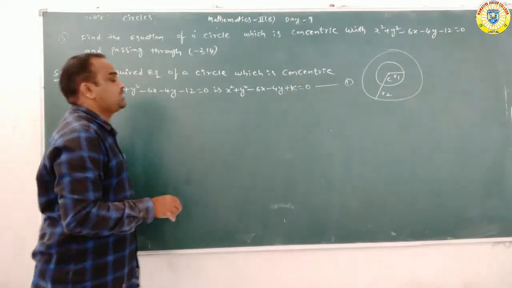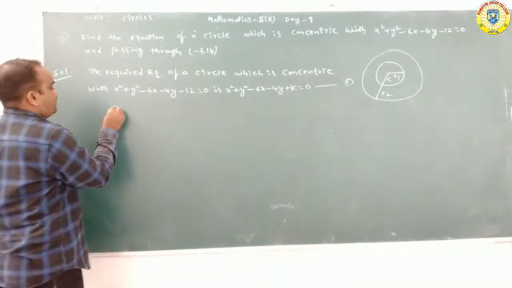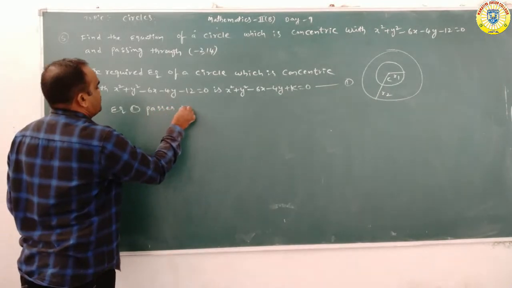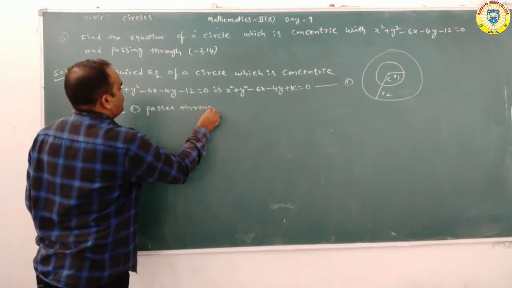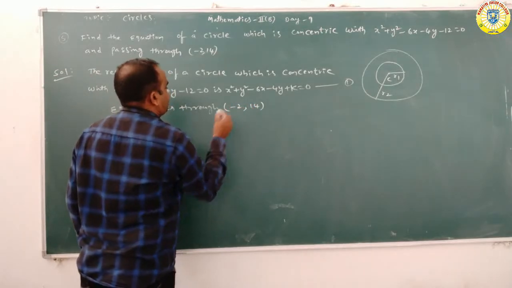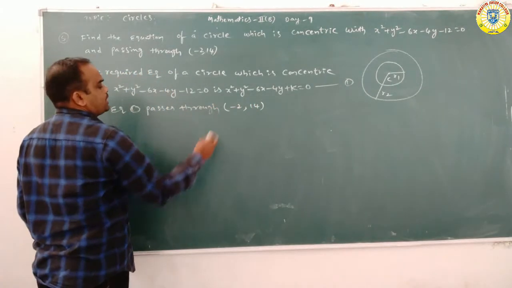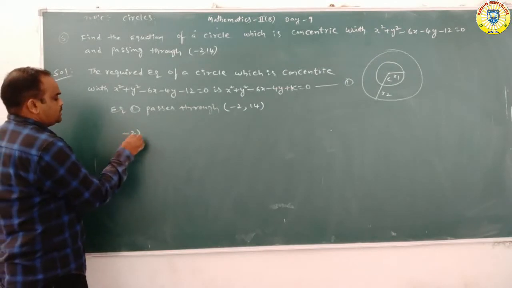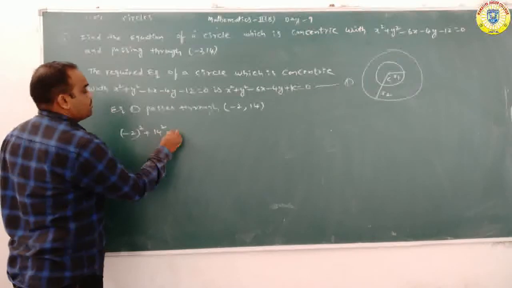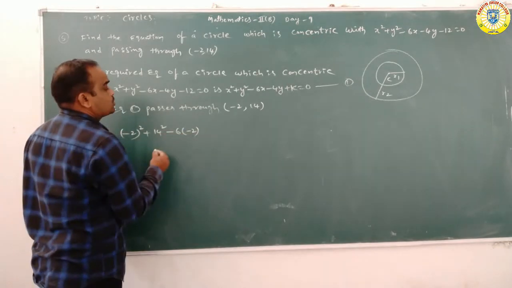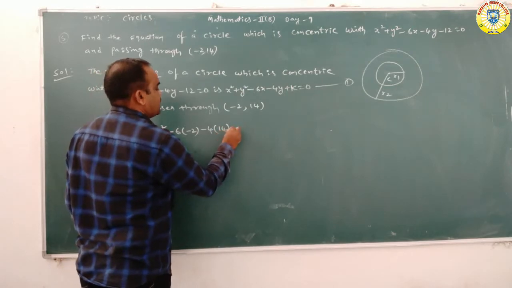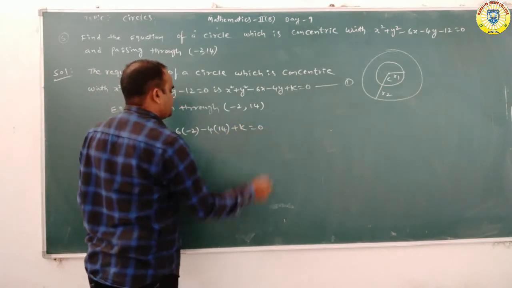Okay now? See here. This equation 1 passes through the point minus 2, 14. Substituting x is equal to minus 2, y equal to 14: minus 2 whole square plus 14 square minus 6 into minus 2 minus 4 into 14 plus k is equal to 0.